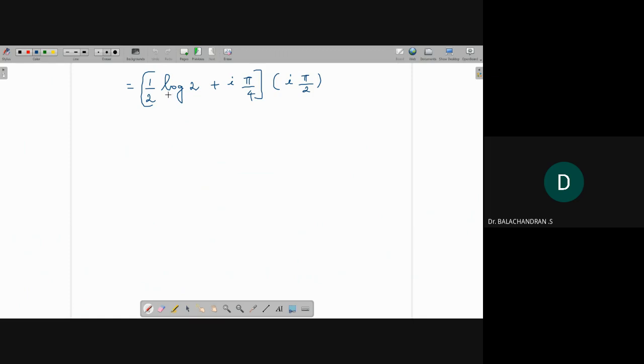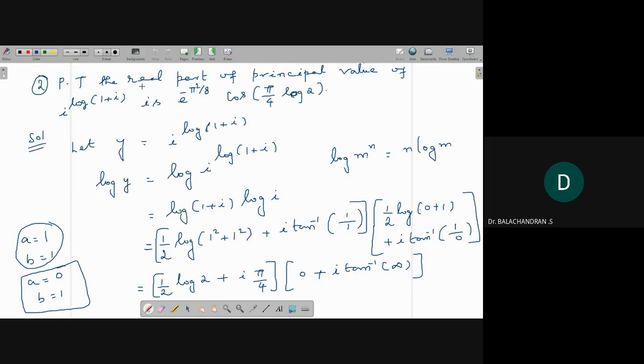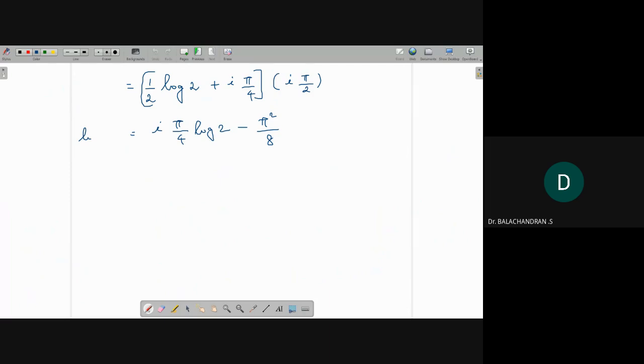Okay. So now I'm going to multiply these two. If I multiply, you'll get i pi by 4 log 2, and i square is minus, so minus pi square by 8. What is the left hand side? Left hand side is log y. So log y equal to this.